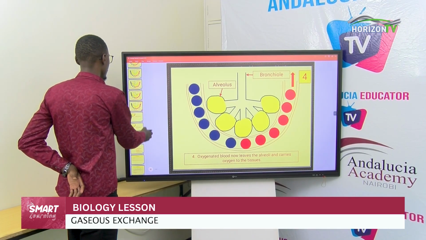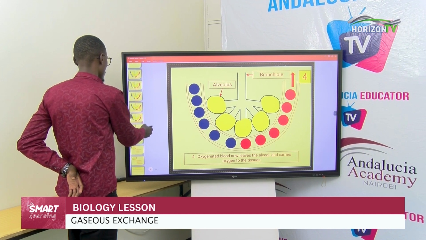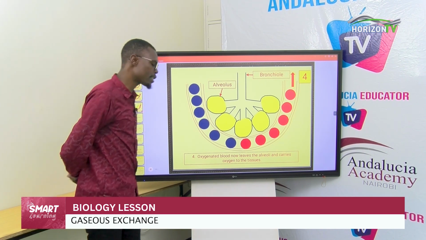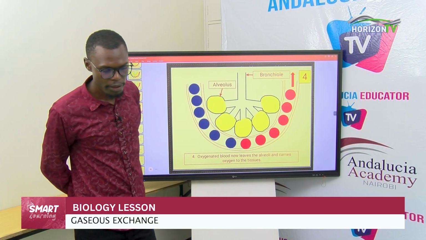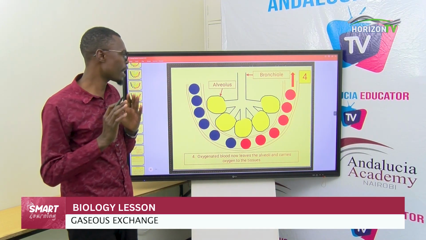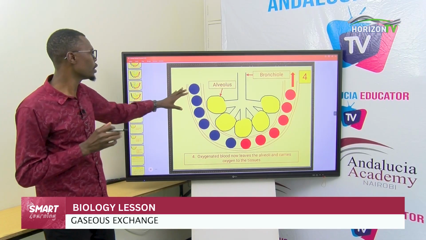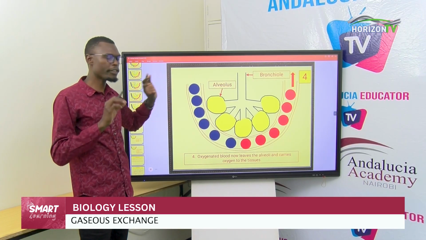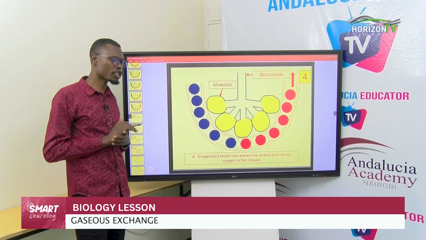That brings us to what we call the features of the alveoli. What makes it easier for the alveoli to exchange gases? We have got the features that enable the alveoli to carry out efficient gaseous exchange.